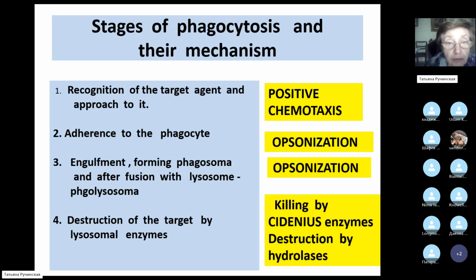And the last stage of phagocytosis is destruction of the target agent by lysosomal enzymes. Before destruction, there must be killing of the injurious agent, the bacteria, by those enzymes. And further, there will be destruction by hydrolysis.